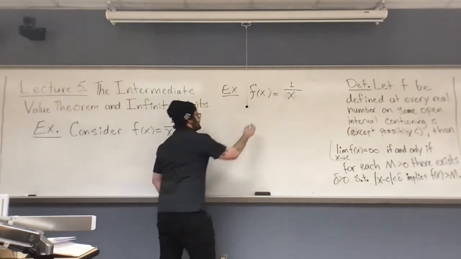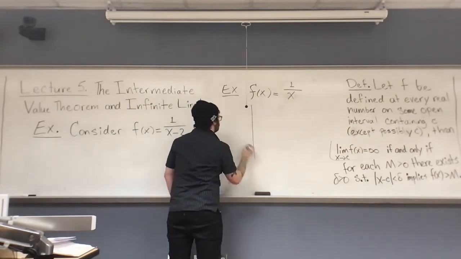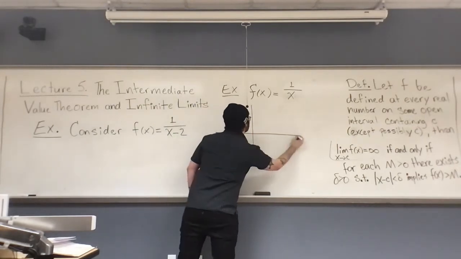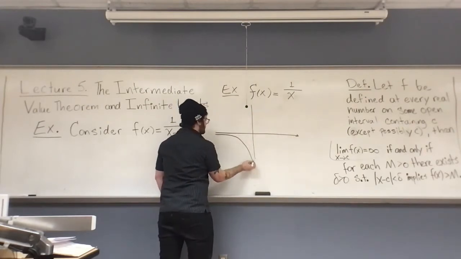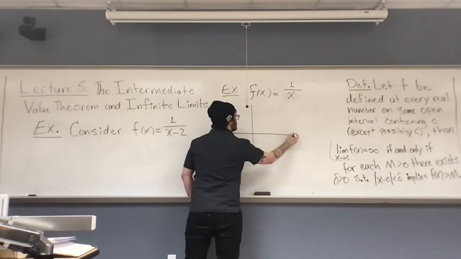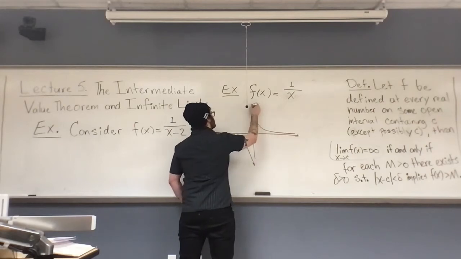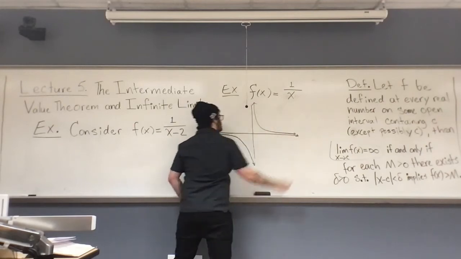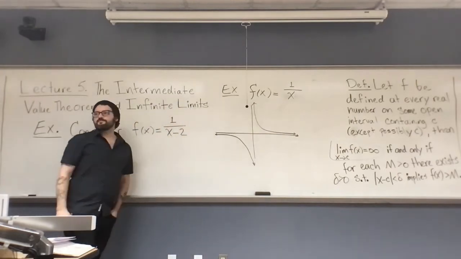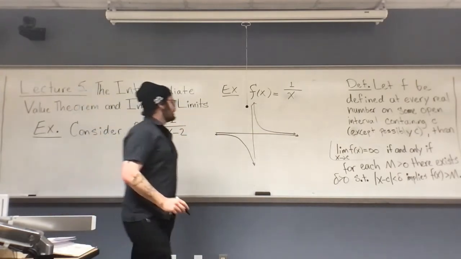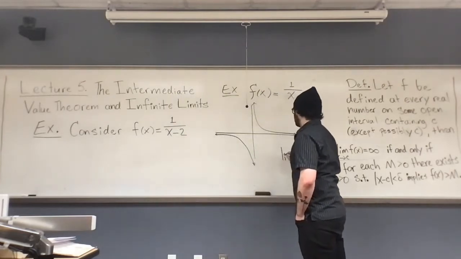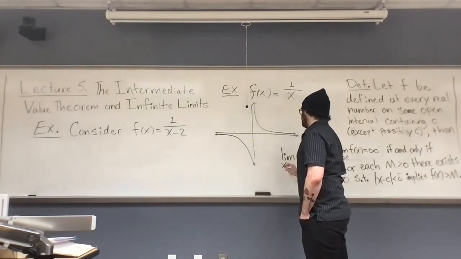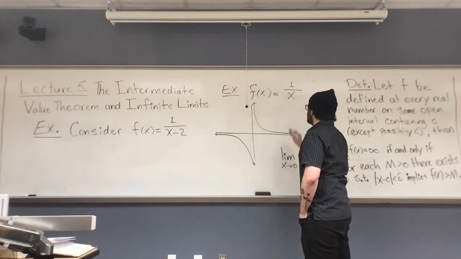Now again, plot this guy out. Looks like this. We want to look at the limit as x approaches 0 of this thing.